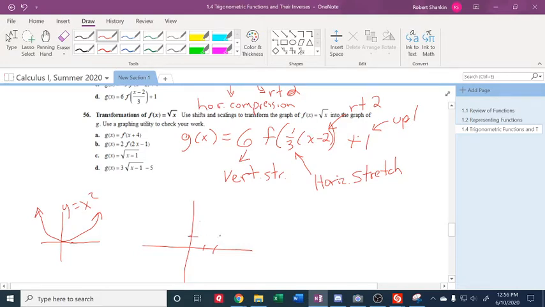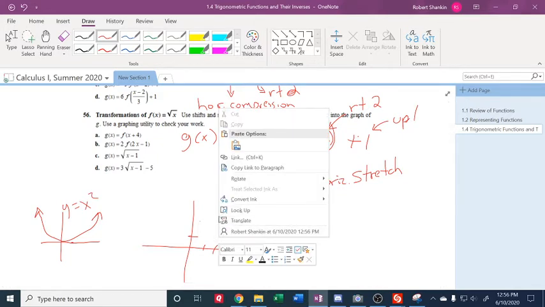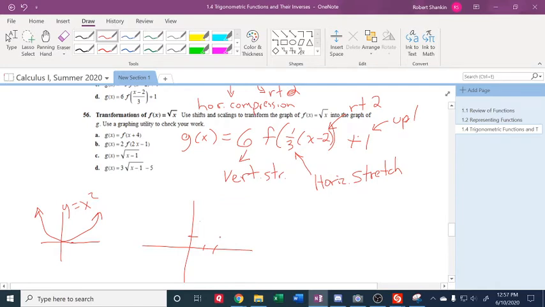So that's the new origin, right there. It's going to be going upward. Now, when it's vertical stretch, it goes up a lot faster. But it's horizontally stretched out.